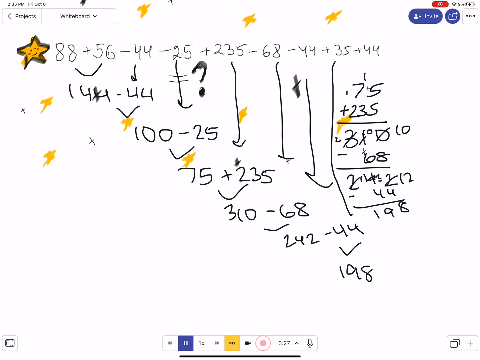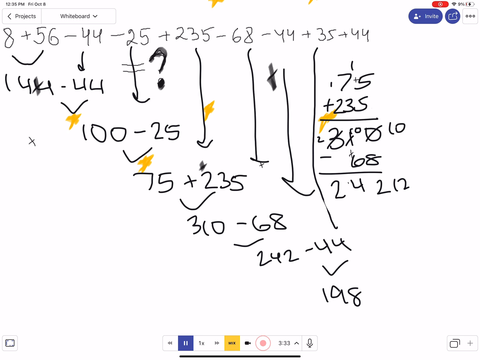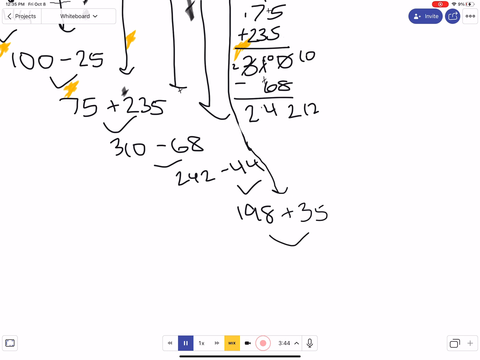Let me try and erase this over here. Okay, so we're moving down the 35. Whoops. And you're going to do 198 plus 35.